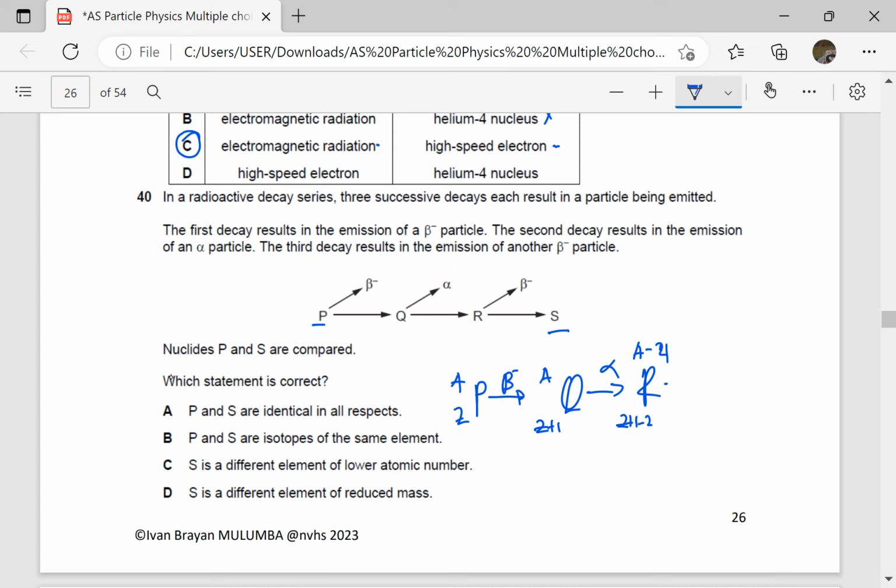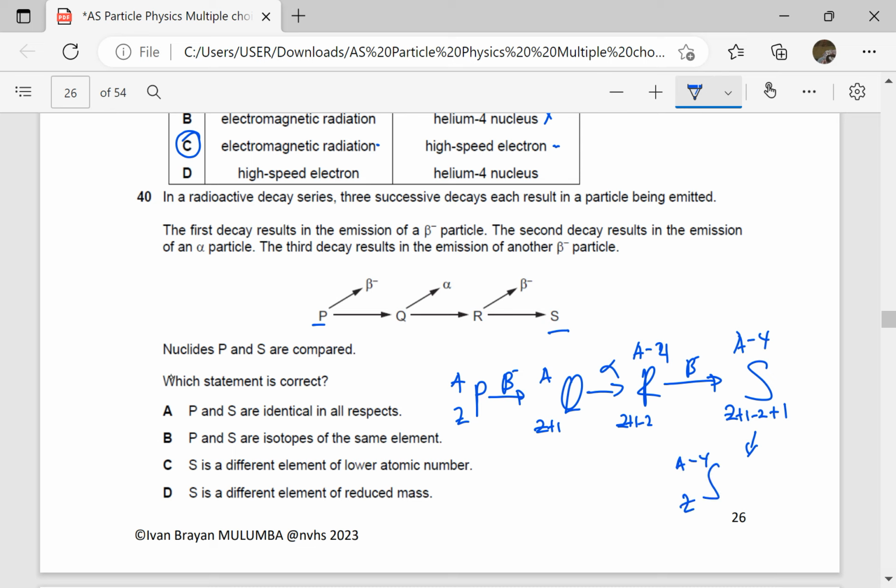That is R. Then this emits beta minus again to form S. The nucleon number does not change, so it will be A minus 4. Proton number will now be Z plus 1 minus 2 plus 1, which gives us Z. So S is Z, A minus 4.